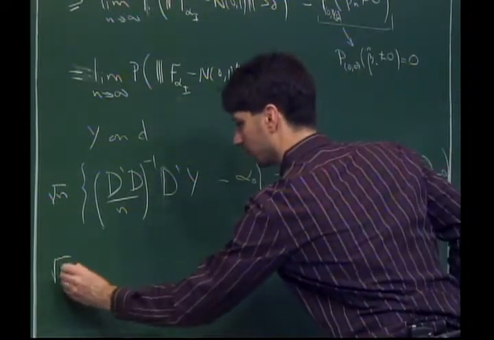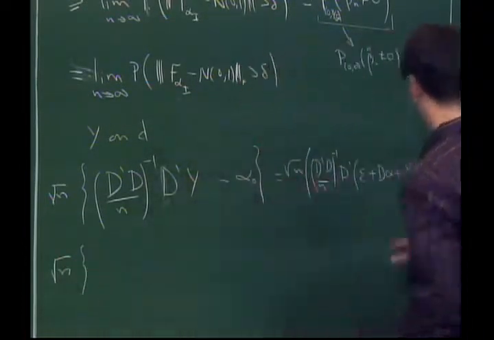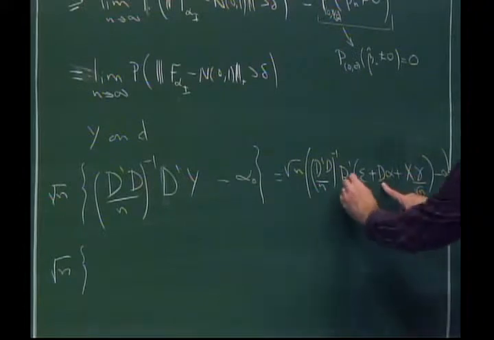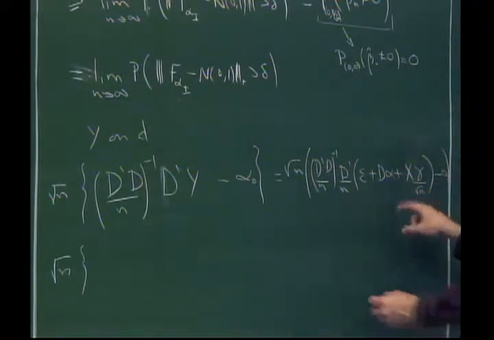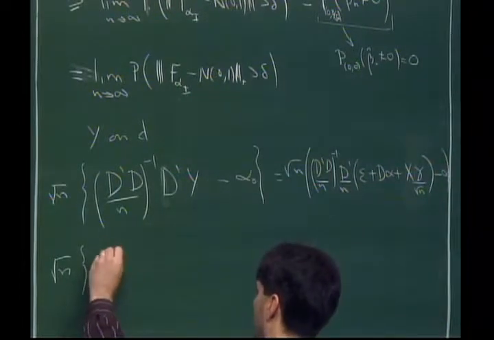So this gives you x square root n. D transpose d, there is a 1 over n here that cancels with this one. And then the first term is the term we are looking for.